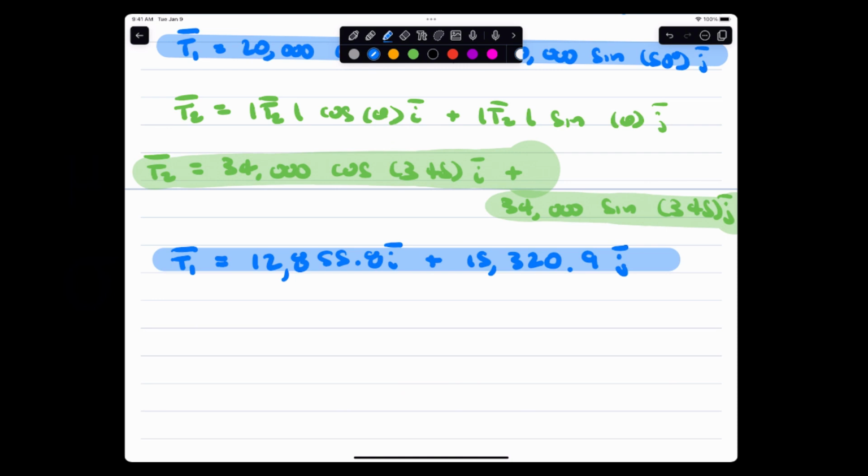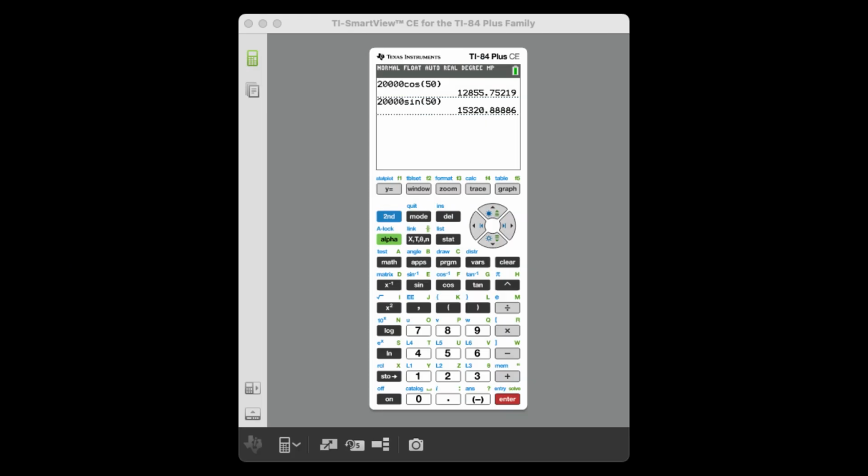So we're going to need now the force vector for the second tugboat. So you're now going to get what? 34,000 cosine 345. And what do you end up with?